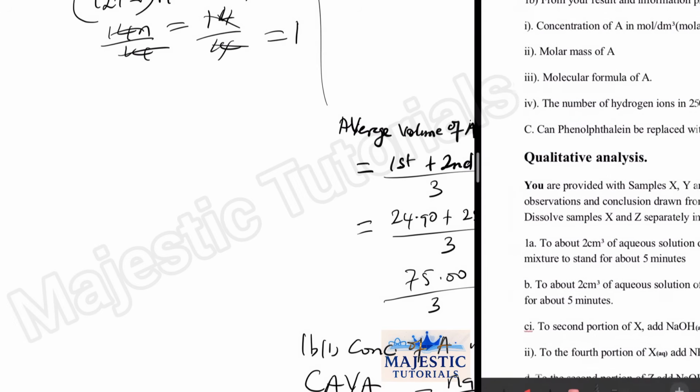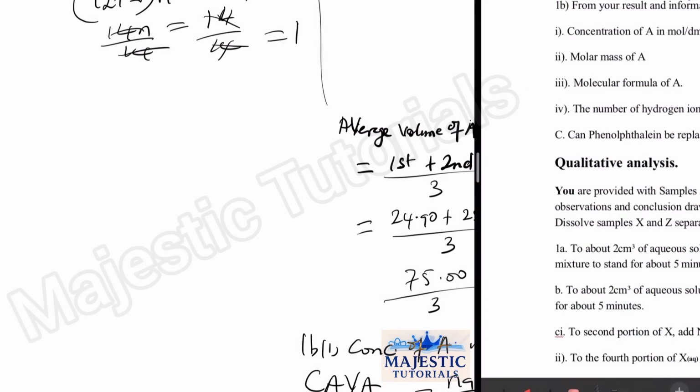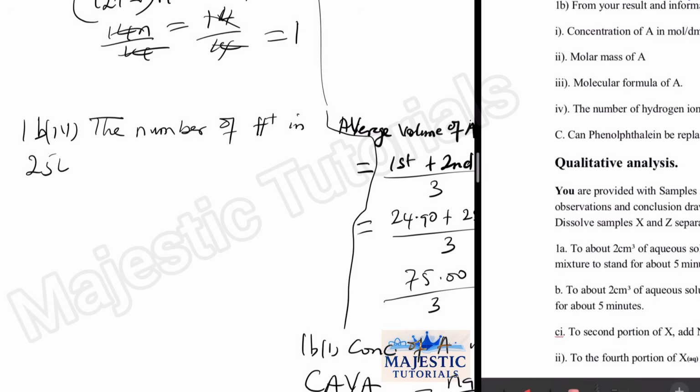So we have number 1 BIV, the number of hydrogen ions in 250 ml of A. First of all, we will remind ourselves of Ca. The molarity of A is 0.1 mole per dm³.